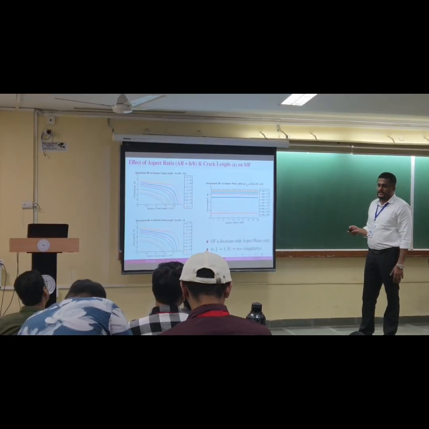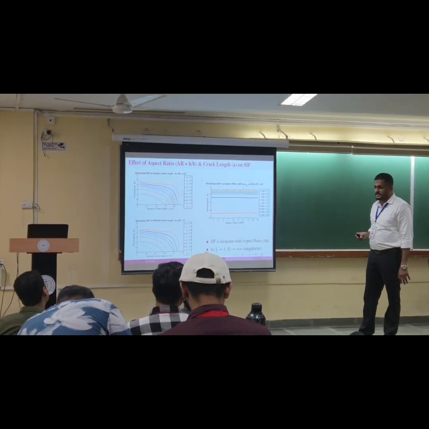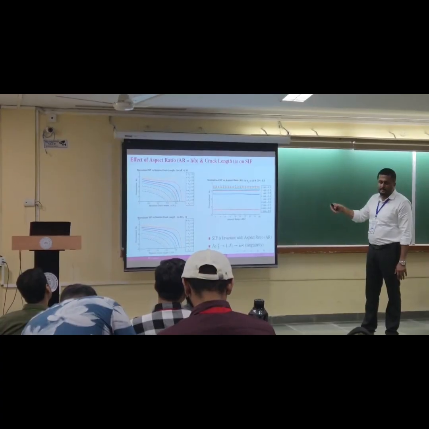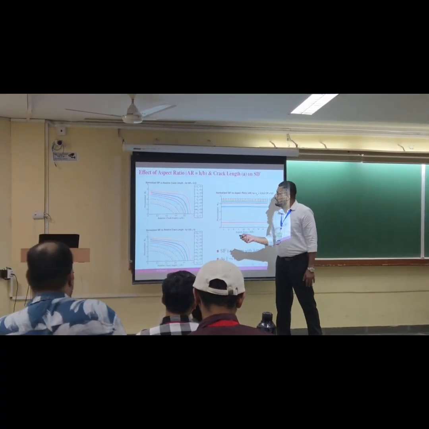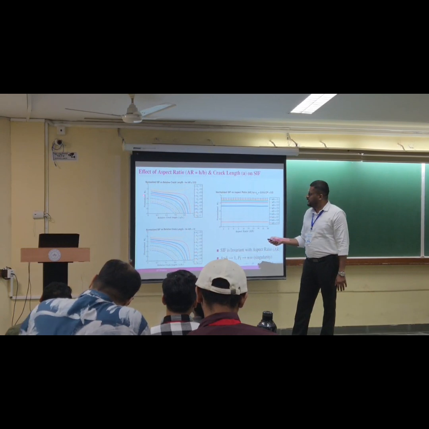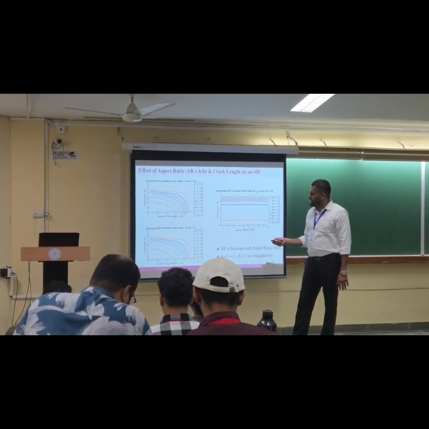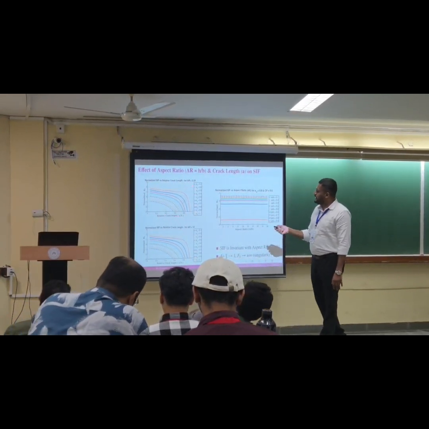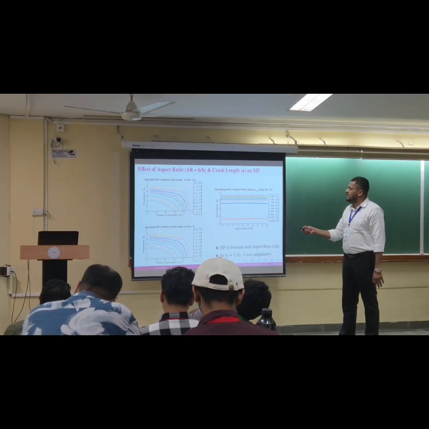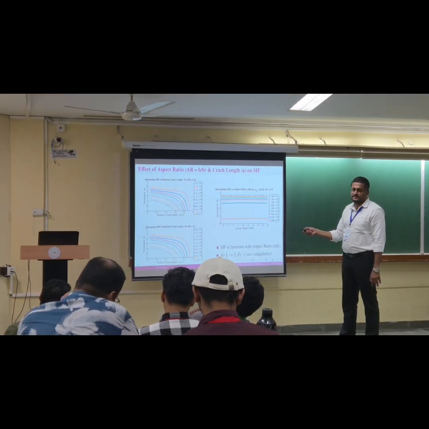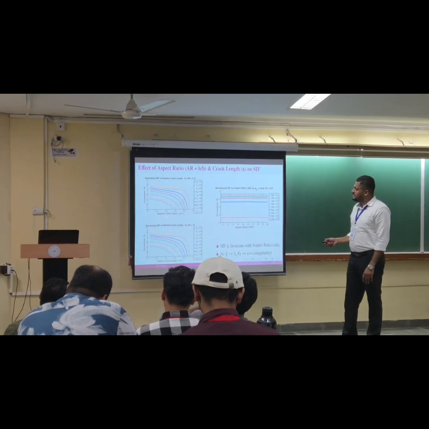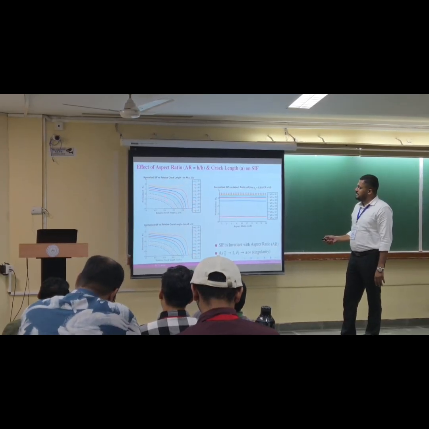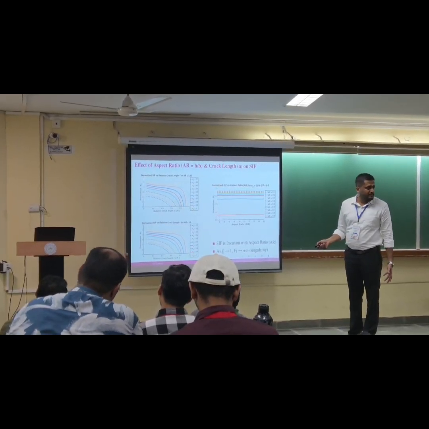Starting with the effect of each parameter, the first one is the aspect ratio, defined as height by base. For that, we plotted the variation of the SIF, especially K1, with the relative crack length, for different eccentricities. We did the same for different aspect ratios, randomly chosen. And the surprising result is that all the graphs are the same.